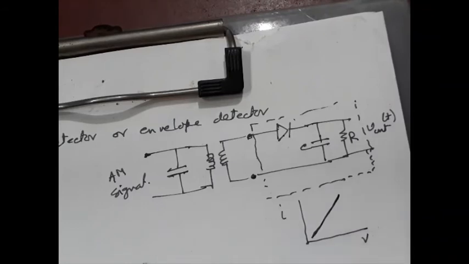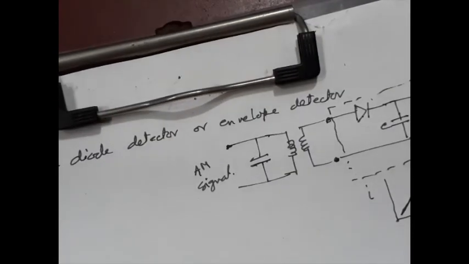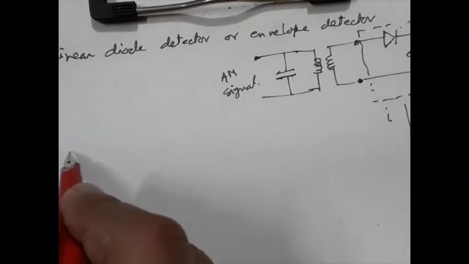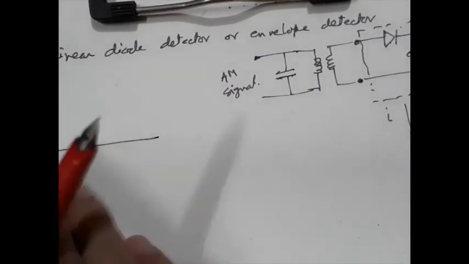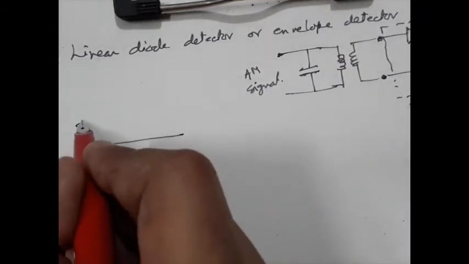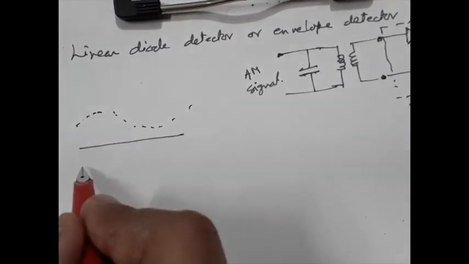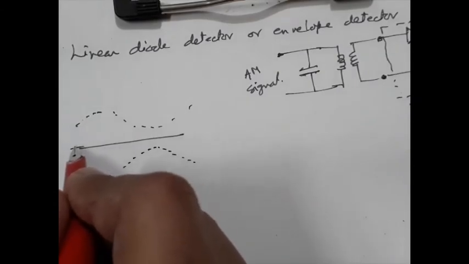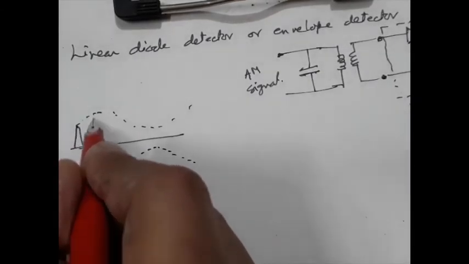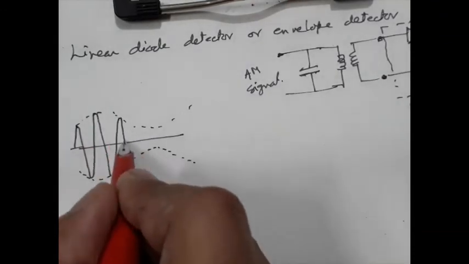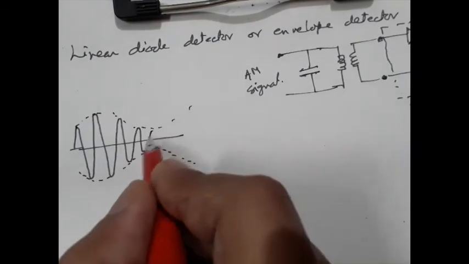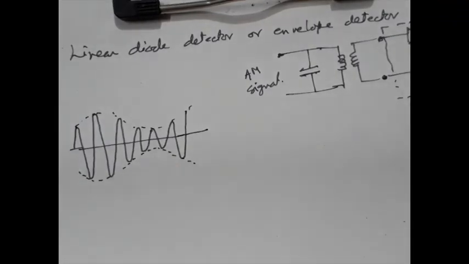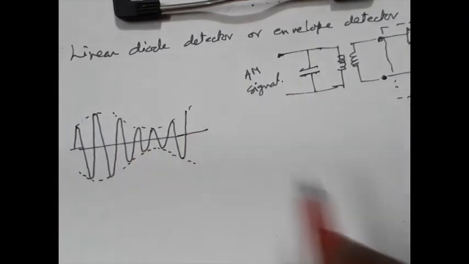Now, if the input AM signal is drawn in this way, this is the input signal.